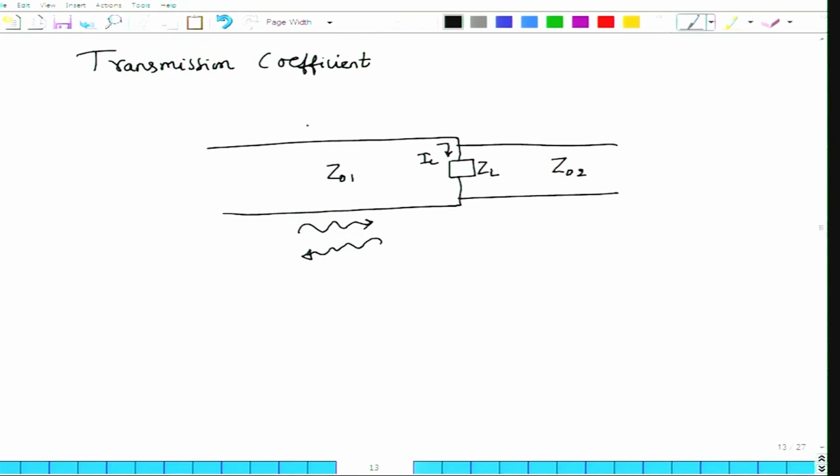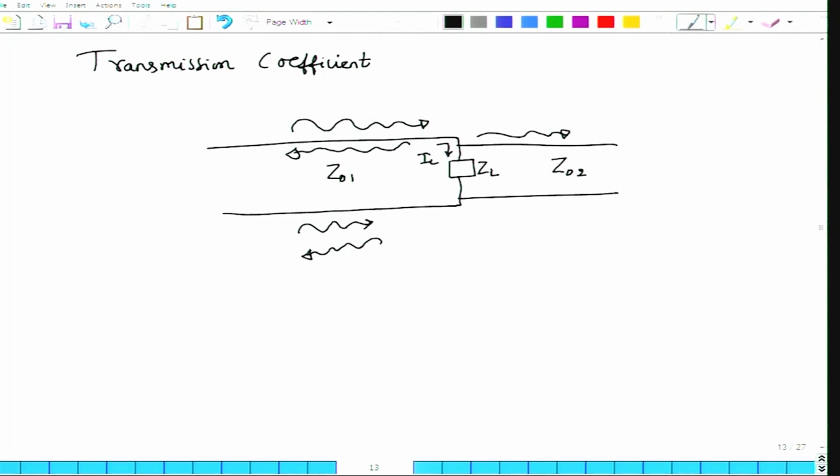What happens physically is that a voltage would arrive from the source, hit the load, and if ZL is different from Z01 there will be reflection. So there will be a reflected voltage. However, there will be some voltage drop across the load, and the remaining voltage would be propagated along the second transmission line.